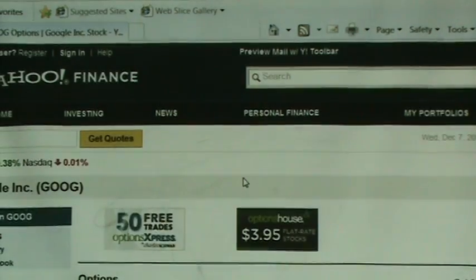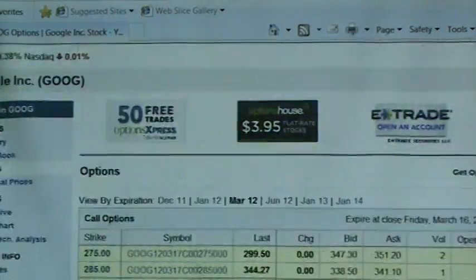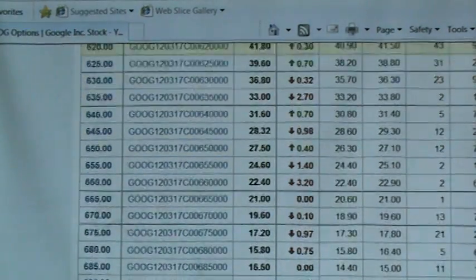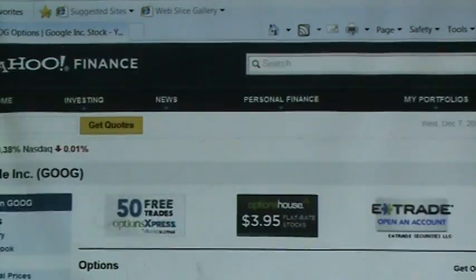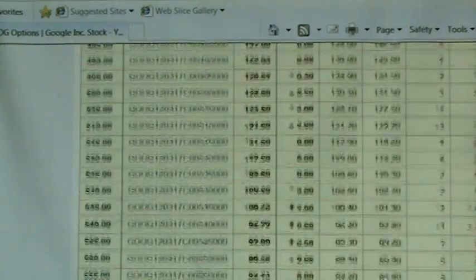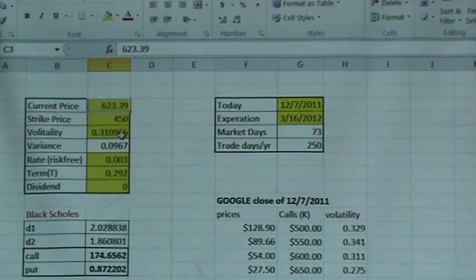I was looking at this example this morning. I was wondering why the prices are so cheap, and they're cheap because they expire next week of December. Okay. So now for the March of 2012, which actually expire on the 3rd Friday of the month, which would be right here, March 16th. The option with a strike price of $6.50 is currently selling for $27.50.